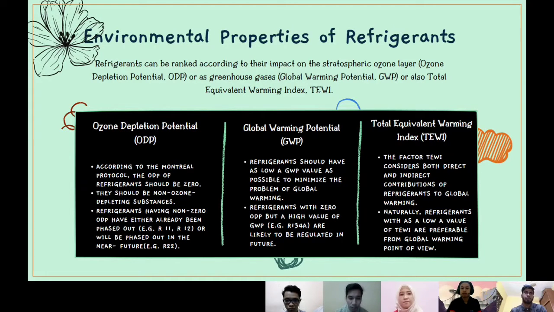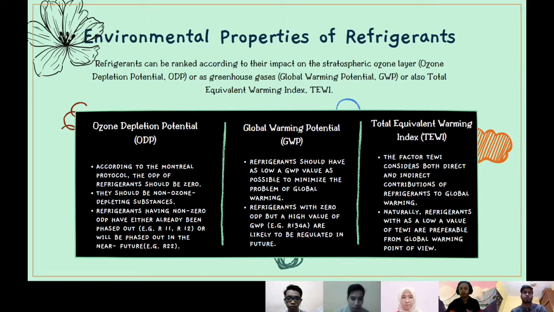So next, I will talk about the environmental properties of refrigerant. They are divided into three. The first one is ozone depletion potential, known as ODP. According to the Montreal Protocol, the ODP of a refrigerant should be zero, a non-ozone depleting substance.